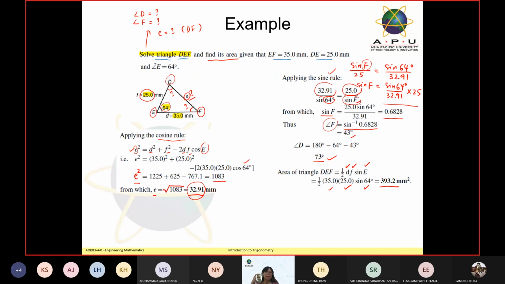It doesn't matter. As long as you apply the rules correctly, then it's fine. Different ways are fine. Any question?